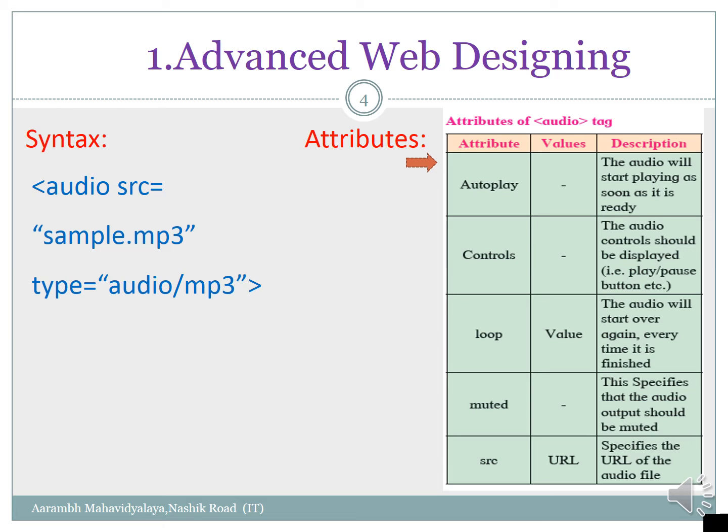Third attribute is loop. Loop indicates the number of times the audio file is going to play. Fourth attribute is muted. It means the audio file will not play though it is specified. And the fifth and last attribute is the source, which specifies the URL or the location of the preferred file.